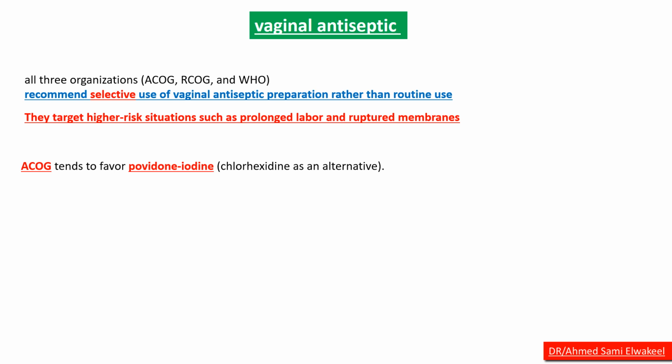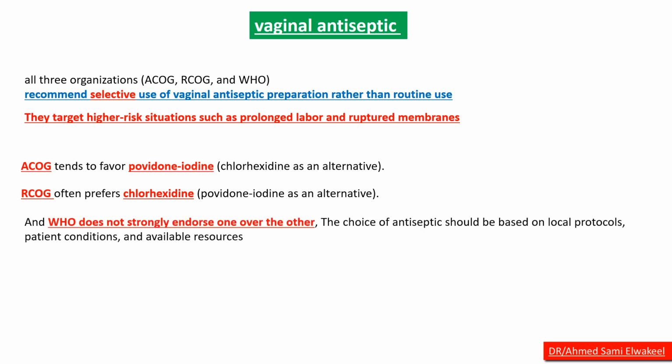Chlorhexidine is an alternative. Royal College often prefers chlorhexidine, povidone iodine as an alternative, and WHO does not strongly endorse one over the other. The choice of antiseptic should be based on local protocols, patient condition, and available resources.